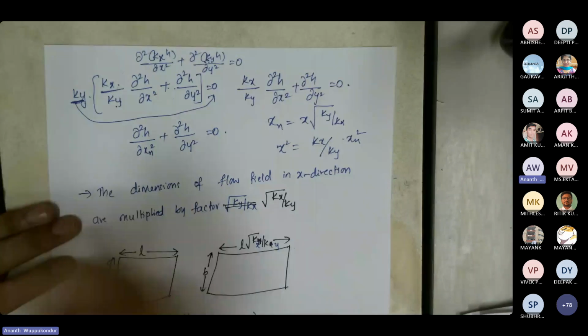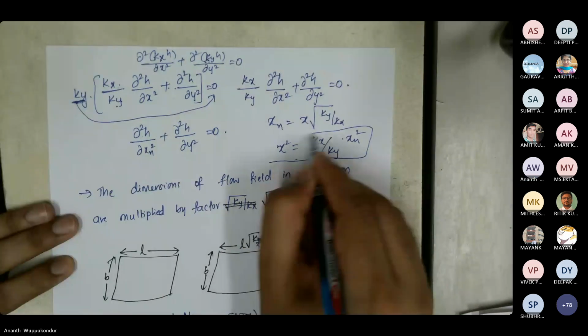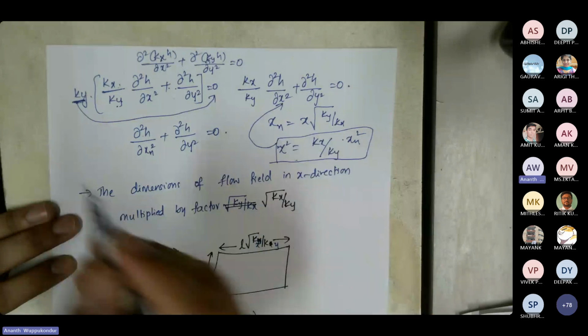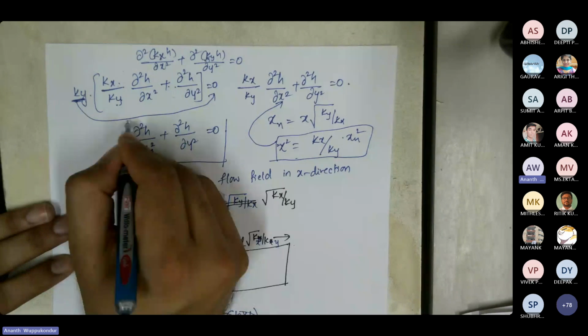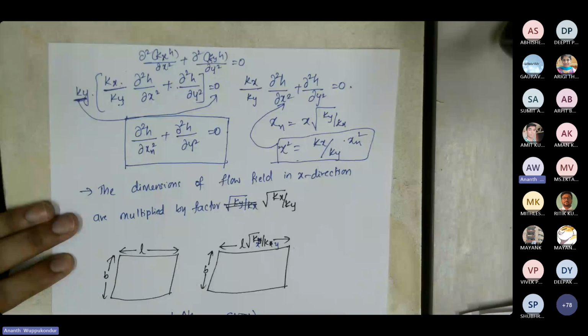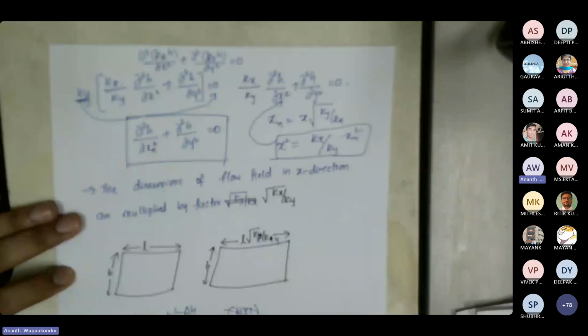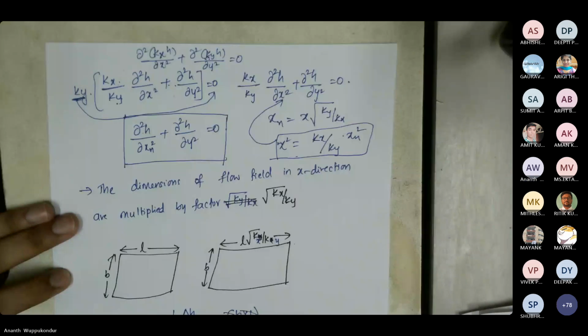If I introduce this in this term, then what you get is again in the form of dou square h by dou x square plus dou square h by dou y square equals 0. So we are deriving the same Laplace equation, but we have introduced a new term xn.